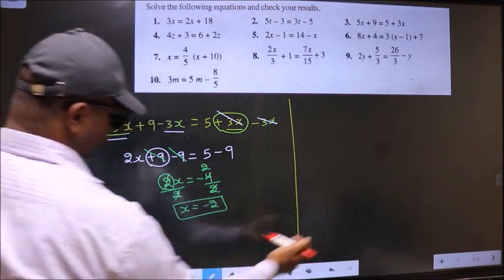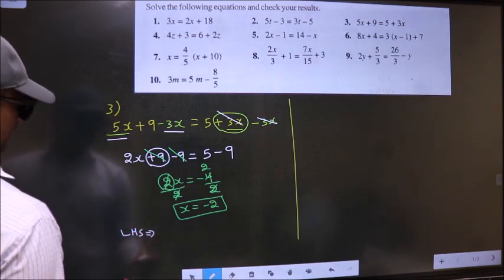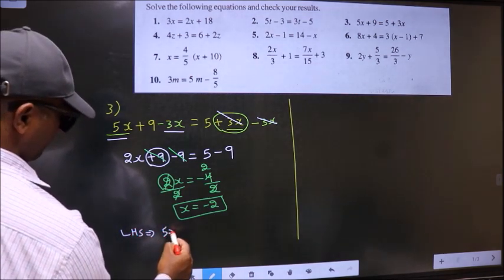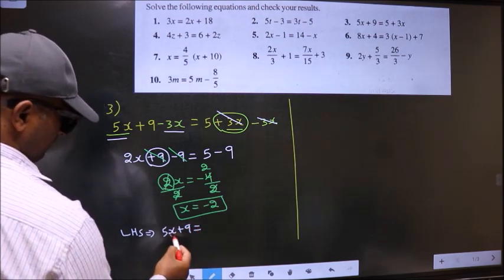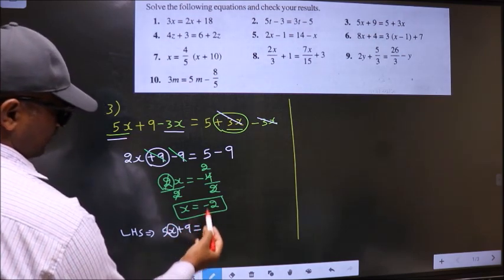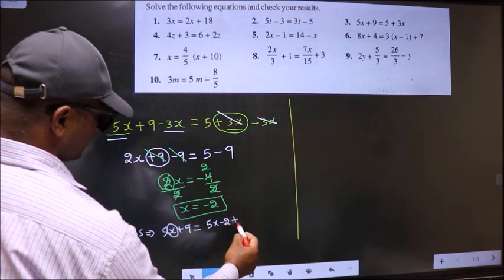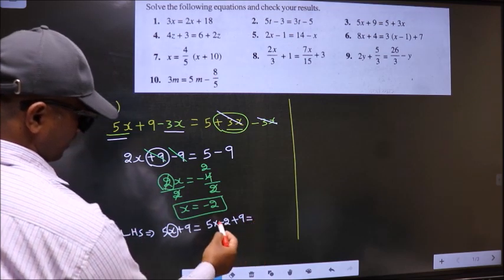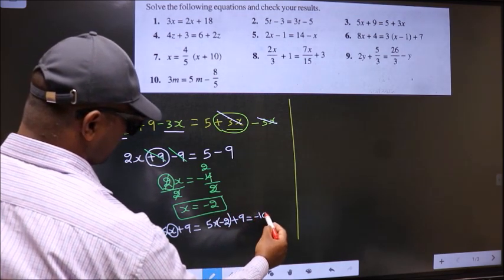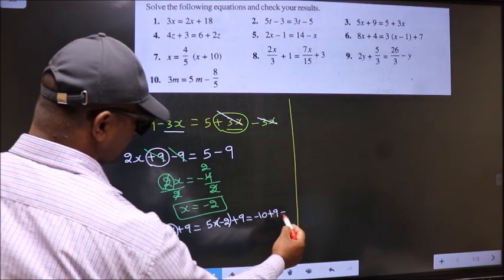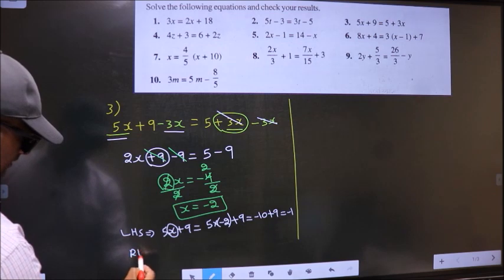So now to check, you take LHS, that is 5x plus 9 equal to, in place of x, now you write minus 2. So 5 into minus 2 plus 9. So 5 into minus 2 is minus 10 plus 9 is minus 1. Now RHS.